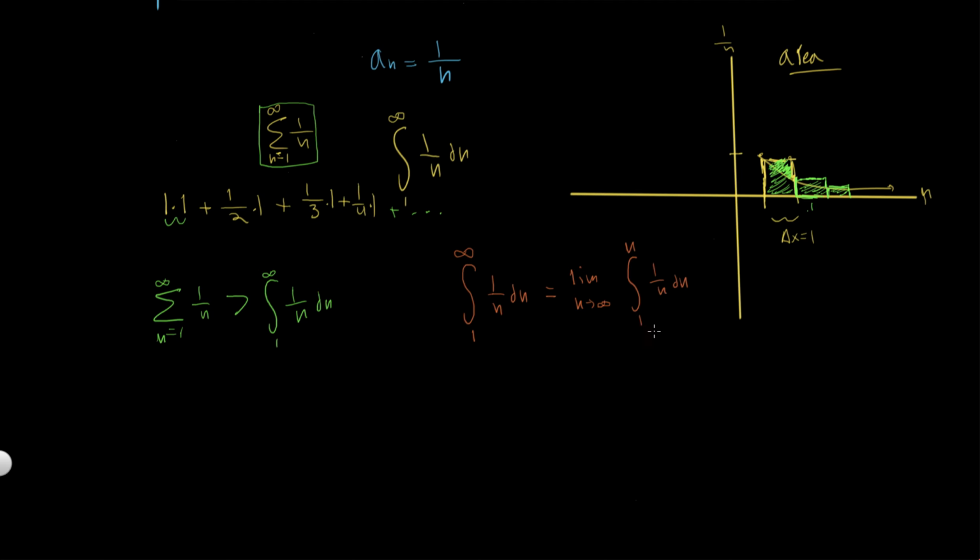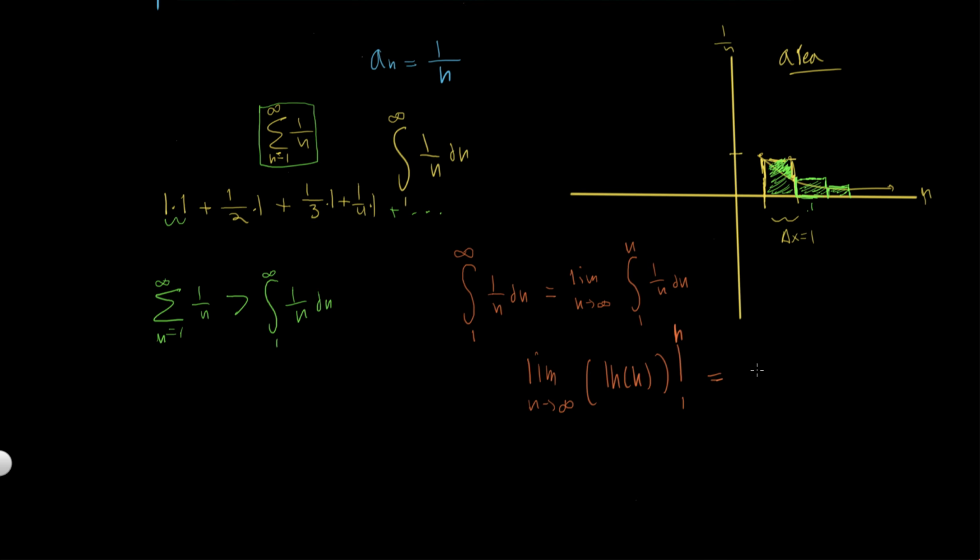Okay, well, what's the integral of 1 over n? That's just the natural log of n, right? So let's rewrite this as the limit as n goes to infinity of the natural log of n from 1 to n. Now let's evaluate this at those 2 points like we would for a regular integral, and then we'll evaluate the limit that we have.